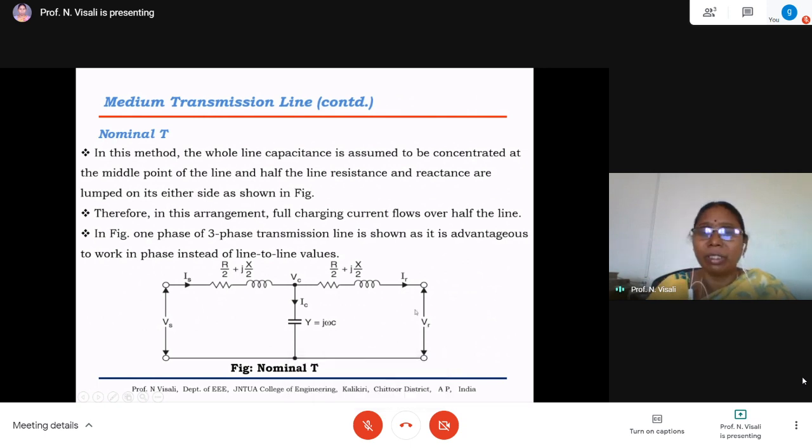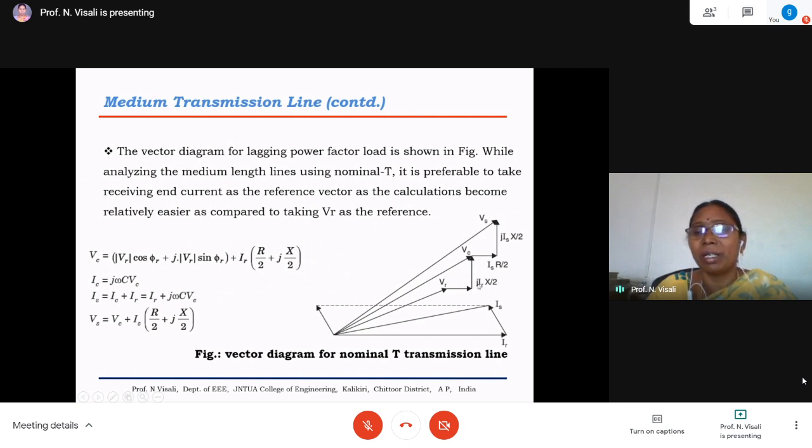That value of VC is obtained by adding the impedance drop IR R by 2 and IR X by 2, so we get the capacitance midpoint voltage.